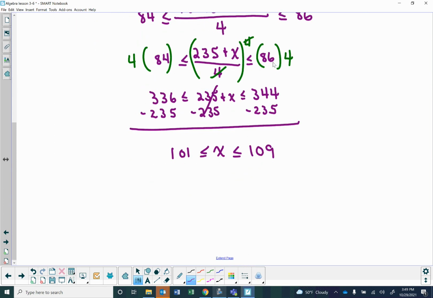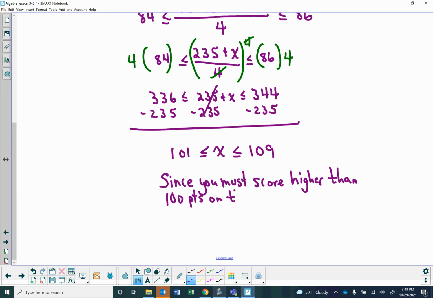No, because if the maximum grade on a test is 100 points, there's no possible way, since you have to score higher than 100 in order to get a B. So since you must score higher than 100 points on the last test, it is impossible for you to score a B.